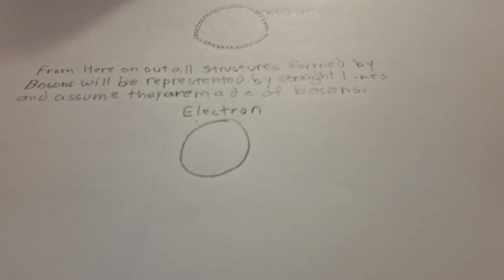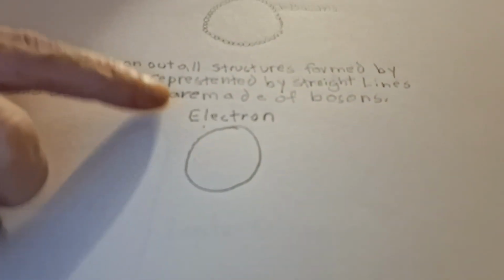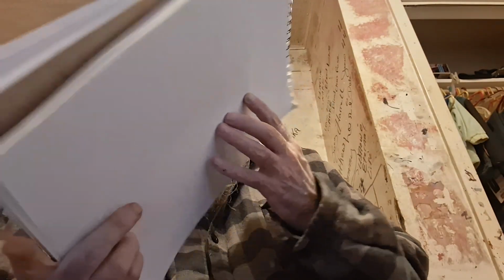From now on, we will just draw the electron as a string and omit all the circles, and just know that they're there. In this diagram of the quarks, I'll show you again to familiarize yourself with what quarks actually look like. This is the up quark.